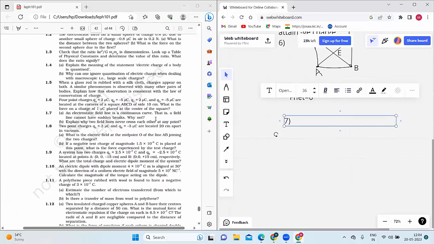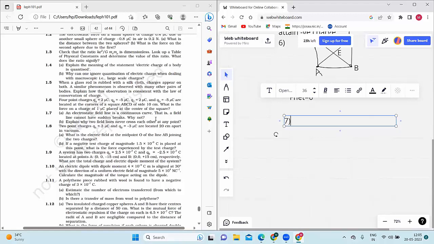Generally, the electric field line is a continuous curve. As we discussed, if we place an electric charge in an electric field, it will move in a continuous manner, so it should be acted on by a continuous force. Since F equals Q into E, the field should be continuous. It should not have any breaks.